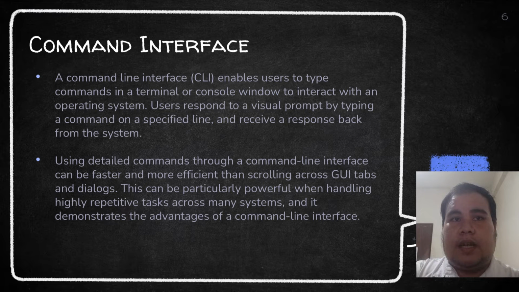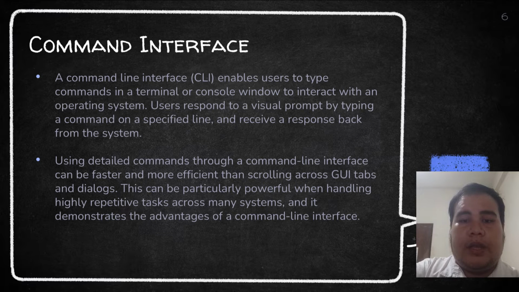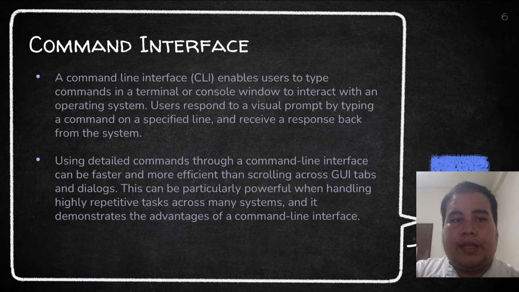Command interface enables the user to type commands in a console window to interact with an operating system using detailed commands through a command line interface. It can be faster and more efficient than scrolling across GUI or graphical user interface tabs and dialogues. These can be more powerful when handling highly repetitive tasks across many systems.